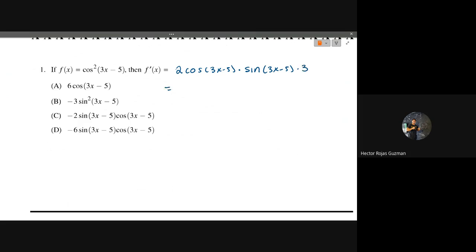When we clean this all up, we are going to get 6 cosine of 3x minus 5 times sine of 3x minus 5. And that is, oh, you know what? I missed a negative right here with the derivative of cosine. There we go. D.